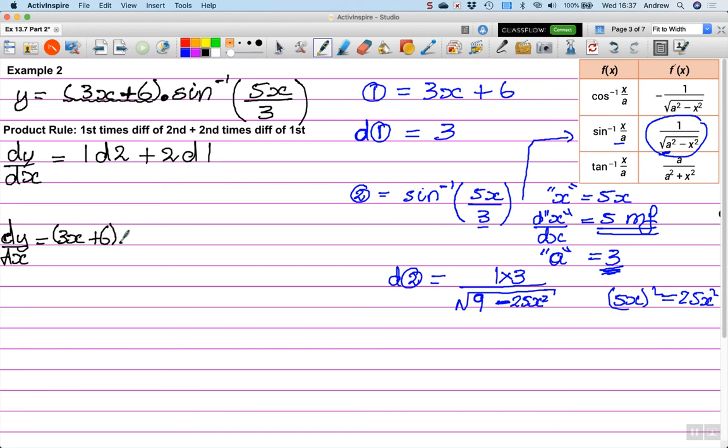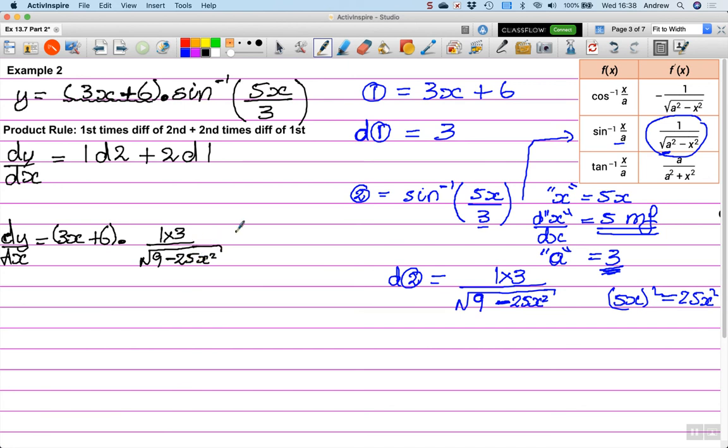And then it's multiplied by the differential of the second, which is going to be 1 times 3 over the square root of 9 minus 25x squared.